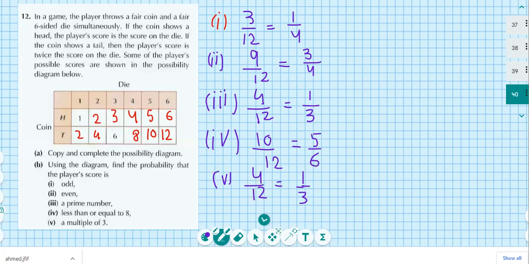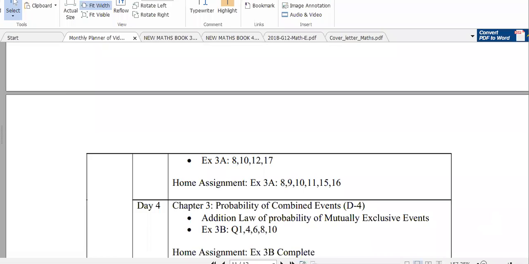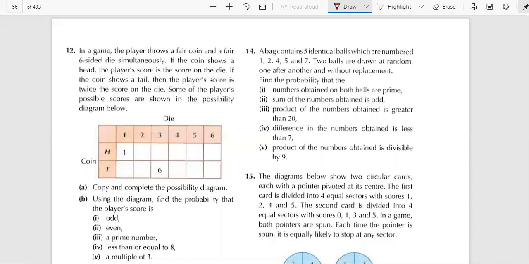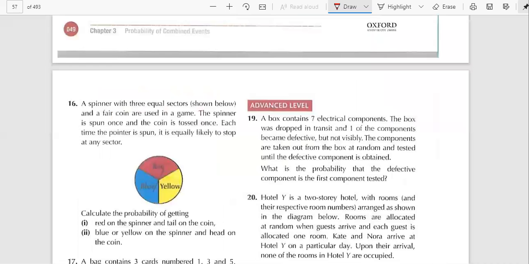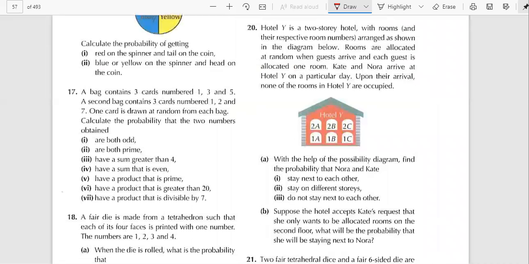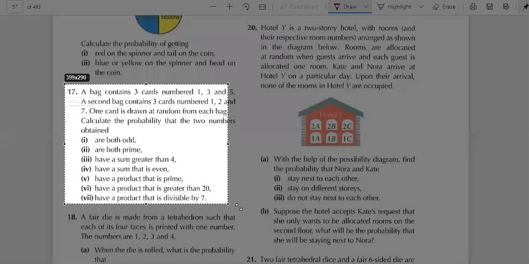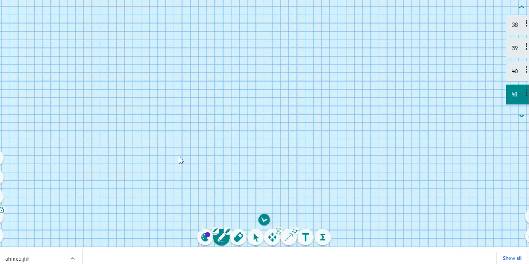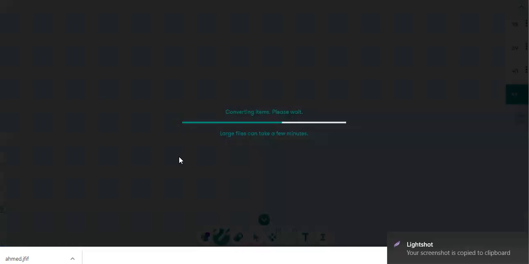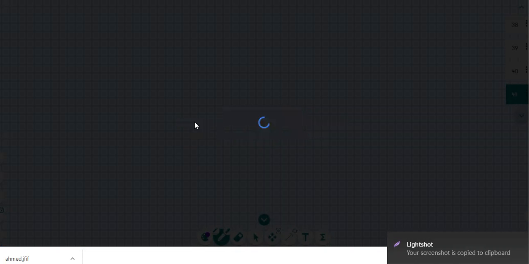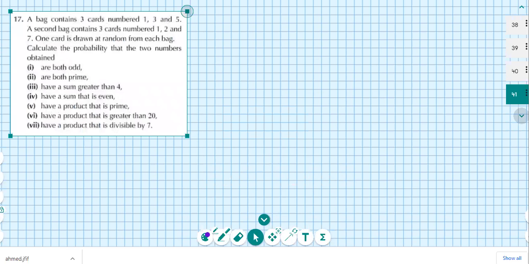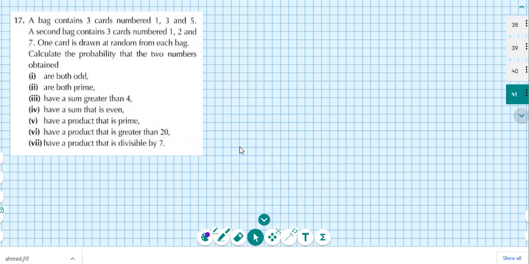Okay, next question, question number 17. A bag contains 3 cards, numbered 1, 3, 5, and a second bag contains 3 cards, 1, 2, and 7.